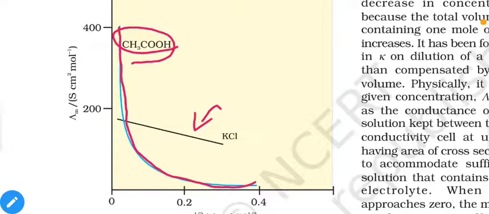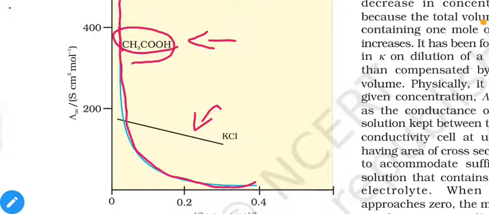You cannot do that with a weak electrolyte, because the curve is not connecting with the y-axis at all. If we carry on further, it will go parallel to the y-axis, so they are not going to touch each other. So how can we find the limiting molar conductivity of a weak electrolyte? For that we have to move on to another point, which we are going to discuss.